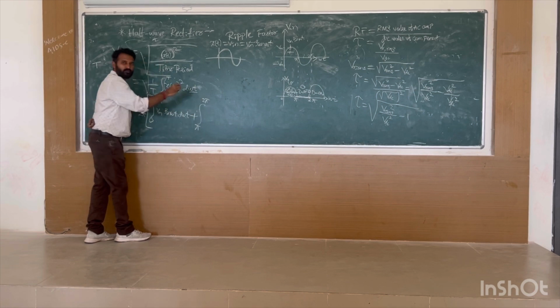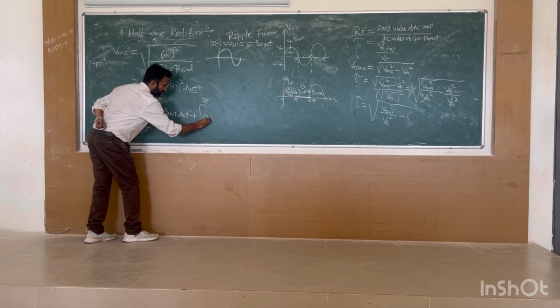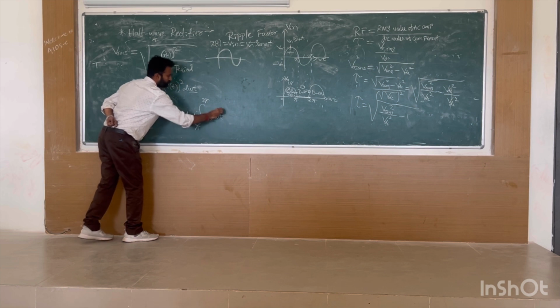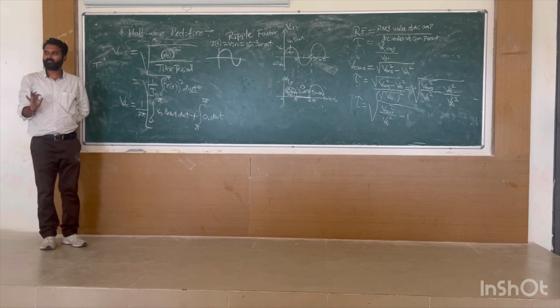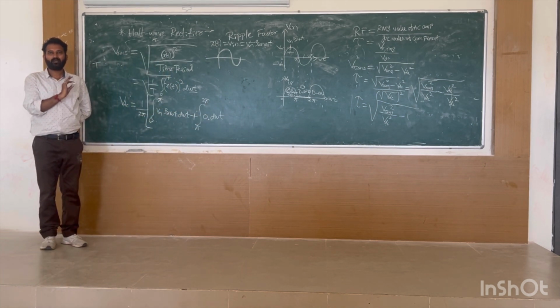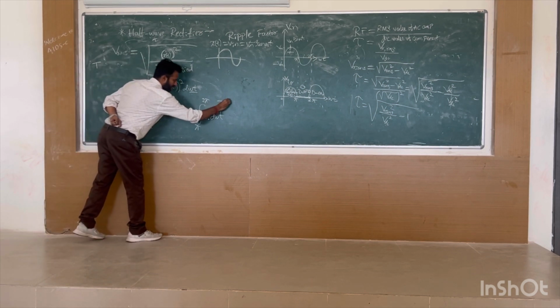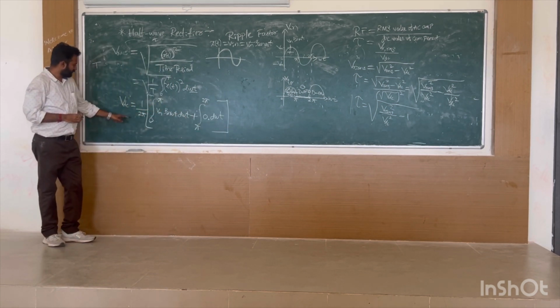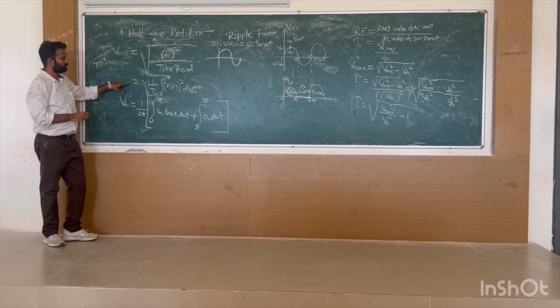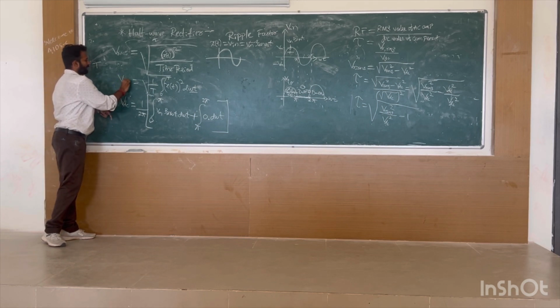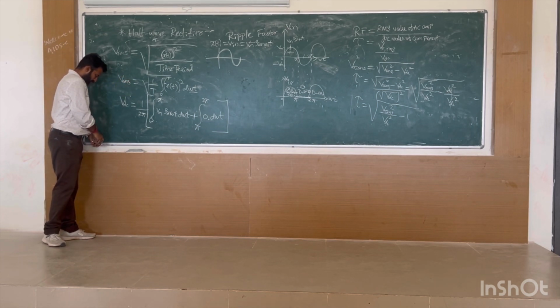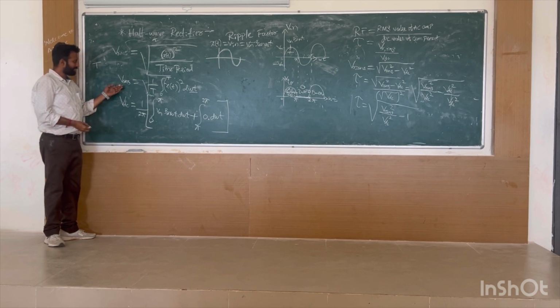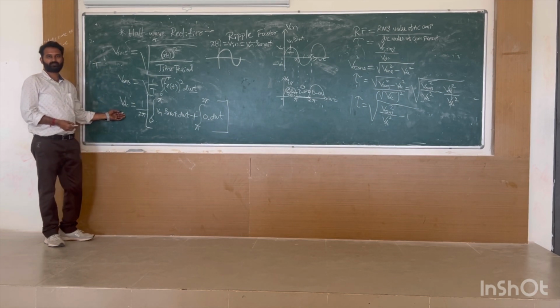What is my output? 0 into d omega t. Clear with that? That is my output. Put a square bracket. This is your VDC and this is your VRMS. I will calculate these two now so that you will get to know the values of VRMS and VDC.